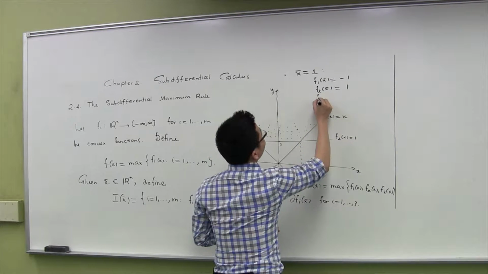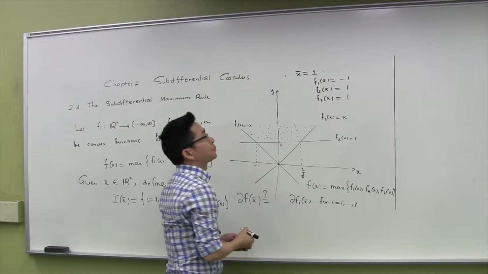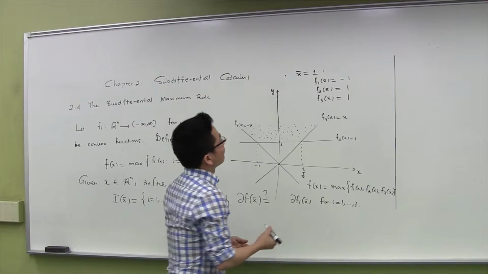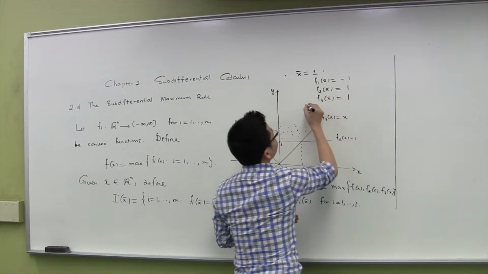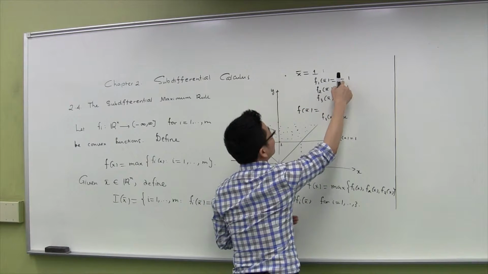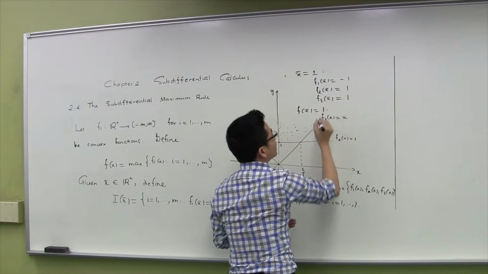And f3 of x bar, as you can see here, is 1. Now, by the definition, f of x bar is the max of minus 1, 1, and 1. So f of x bar is equal to 1.